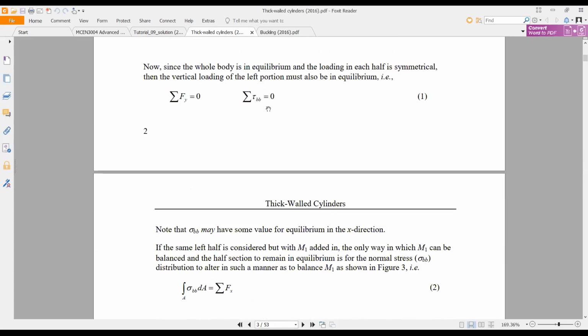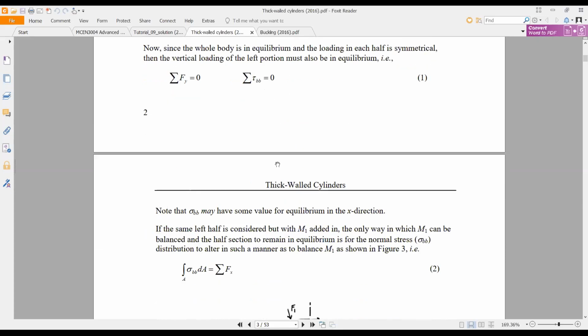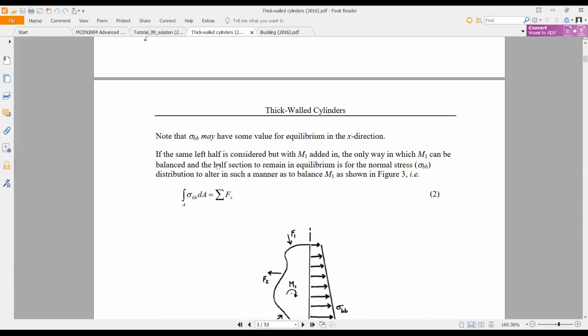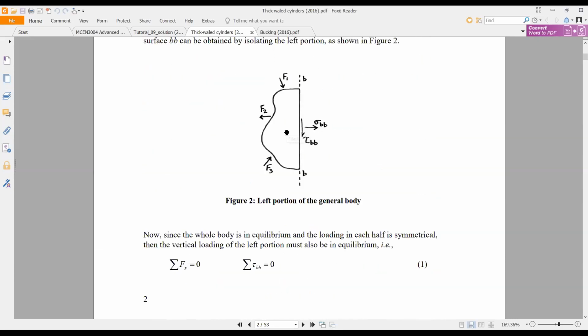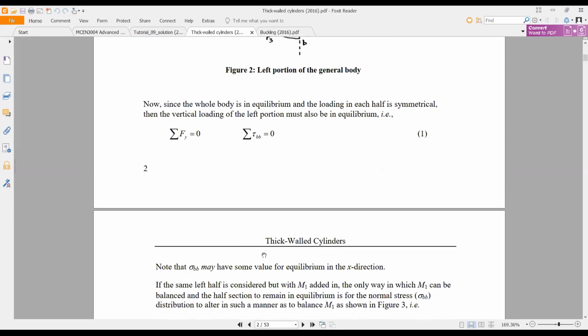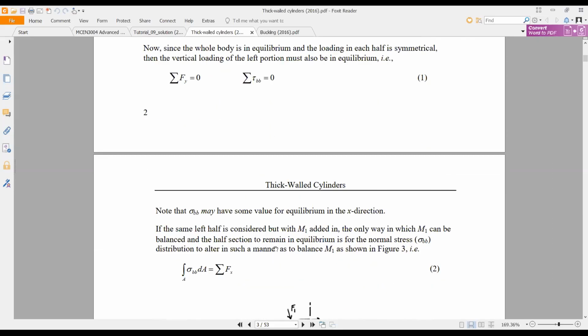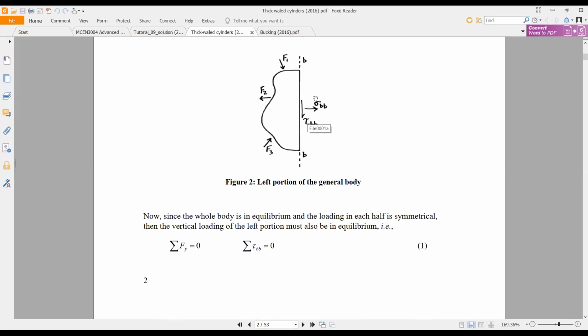So you can read this sentence later. I already told you these things. So you can see here sigma, and they put it as a stress. This force applies a stress.